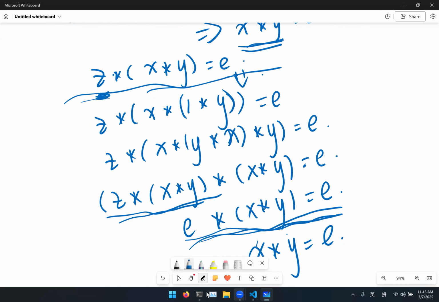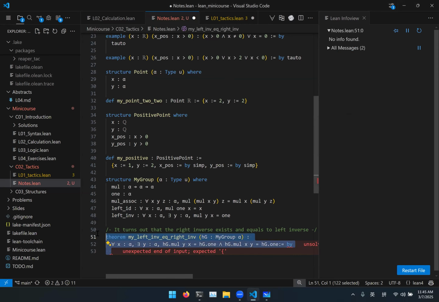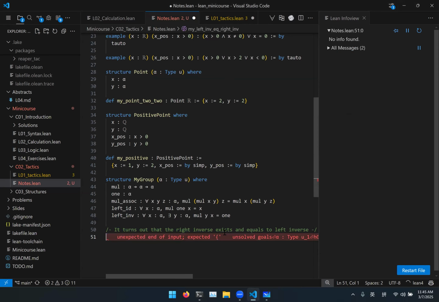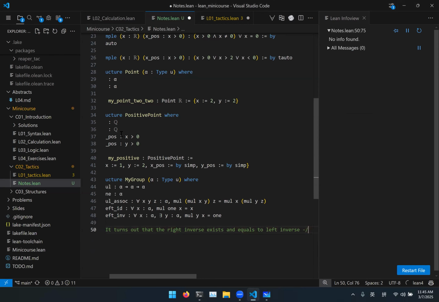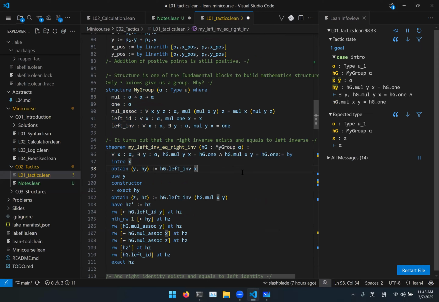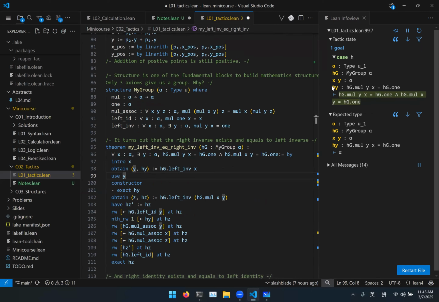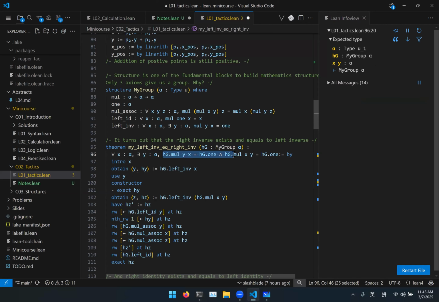So in Lean, we do it the same way. To save time, I won't prove it exactly. We first use obtain to destruct the existential quantifier, and we get hy, the left inverse we want. And there are actually two things we want to prove. The first is just the left inverse itself.